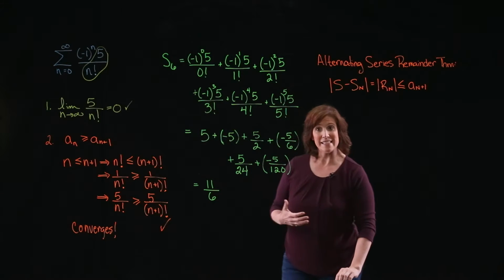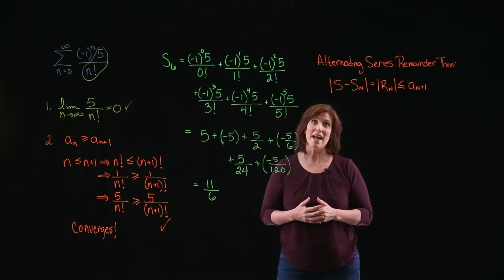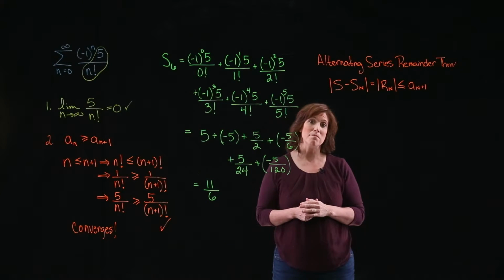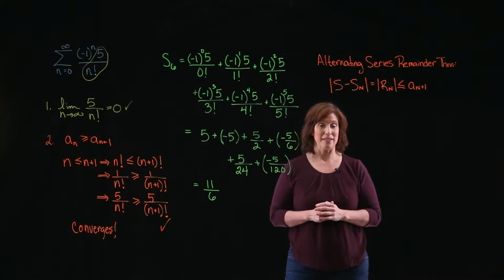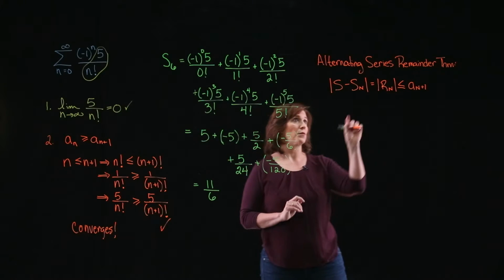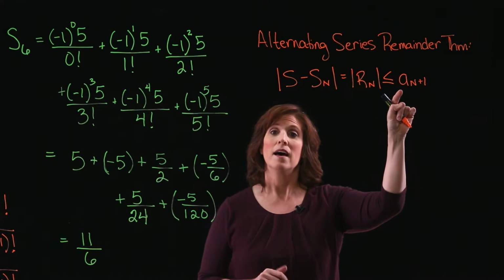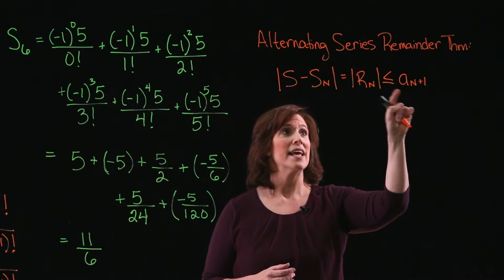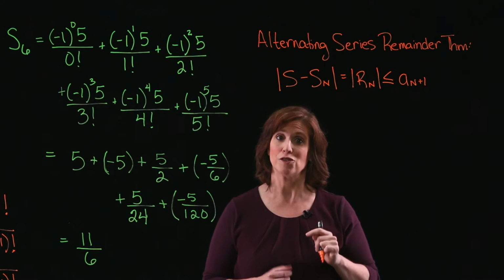Okay, now that's not the exact sum because that's only the first 6 terms. So what I want to do next is use the alternating series remainder theorem to help me figure out how accurate my answer is. So I know that when I take the remainder, or the difference between the actual sum and my approximation, when I'm using an alternating series, that remainder will always be less than or equal to the n plus first term.